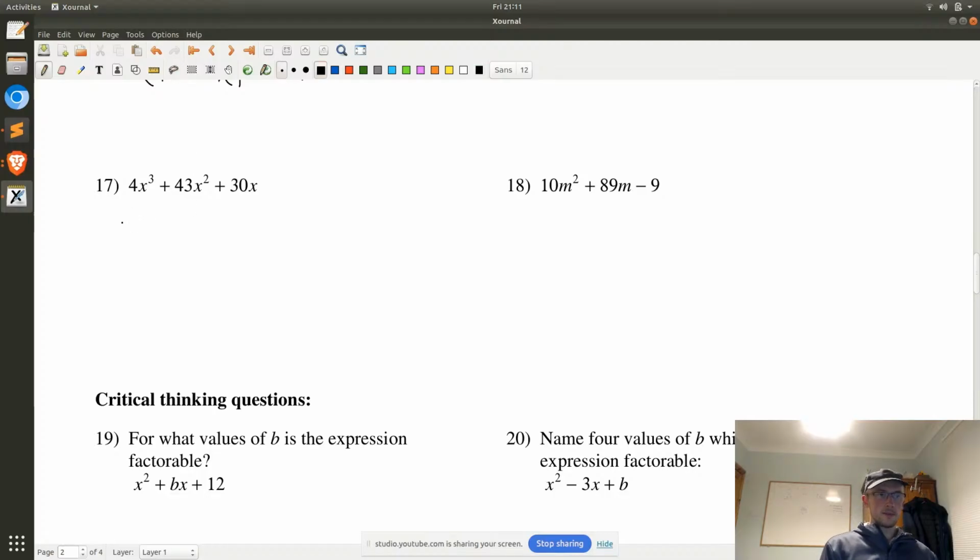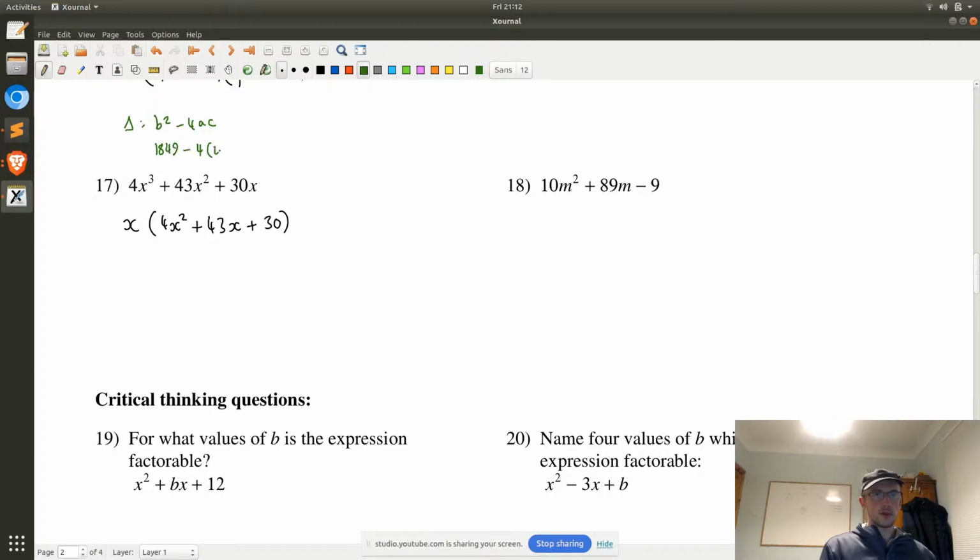Here, x on the outside, 4x squared add 43x add 30. Just apply the discriminant just for good arithmetic practice, why not? So 43 squared, 1849.